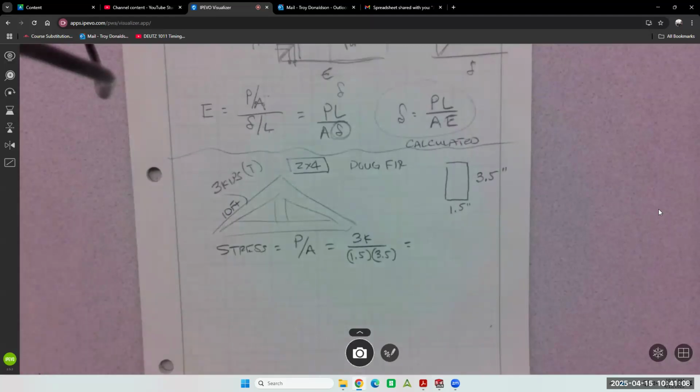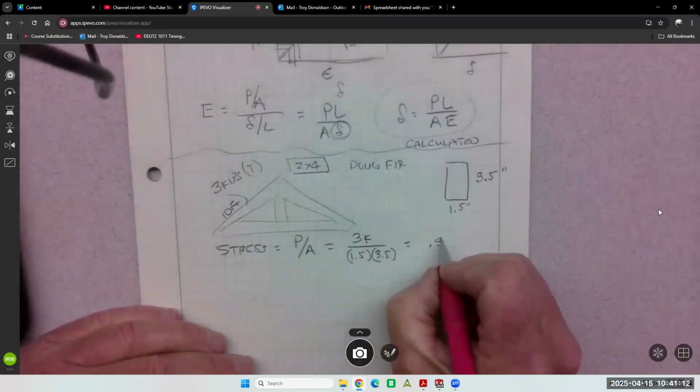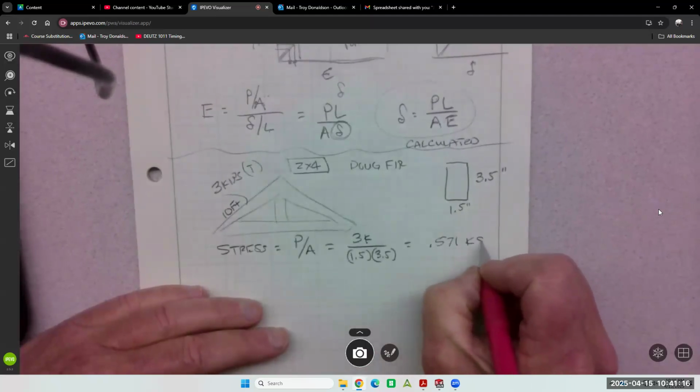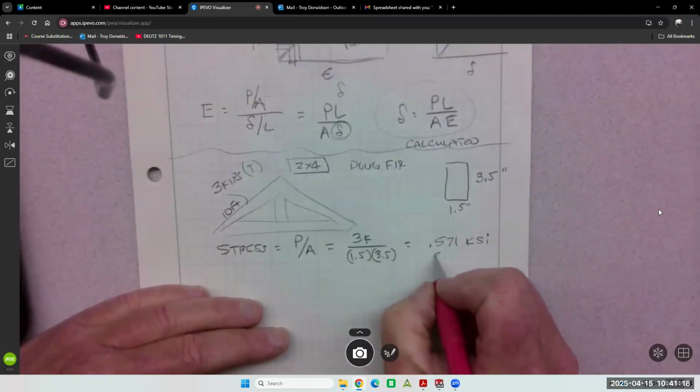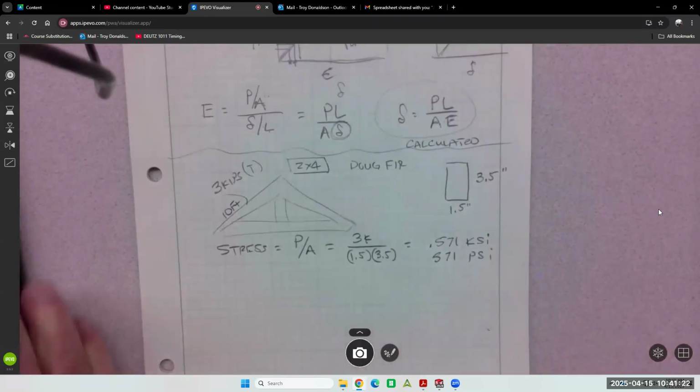What do we get for a stress? 0.571 KSI or 571 PSI. Right?